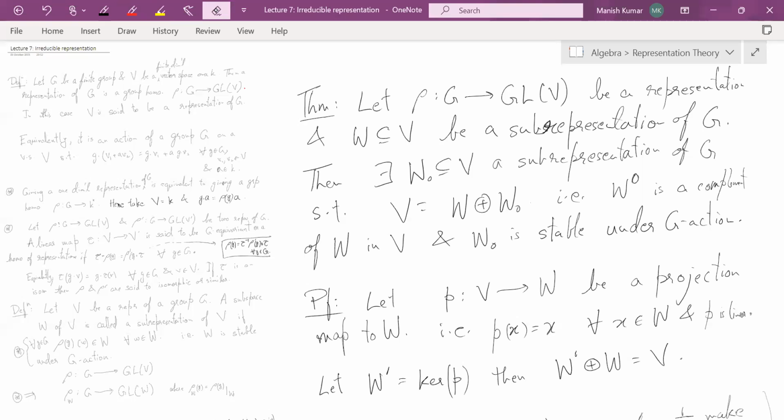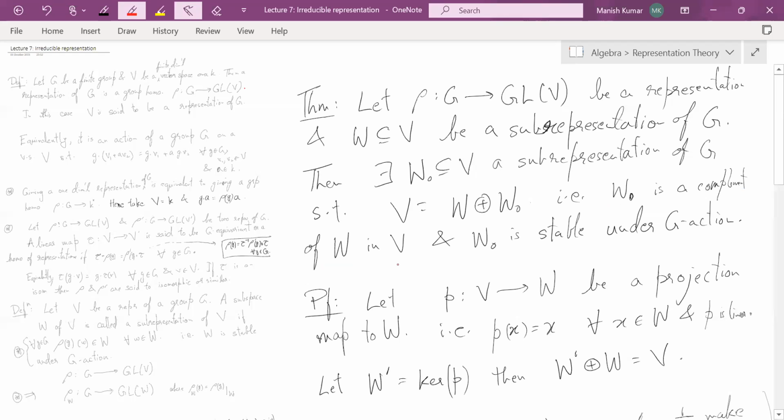So W0 here is a complement of W in V, and that means W together with W0 is the whole of V, and they intersect only in 0.